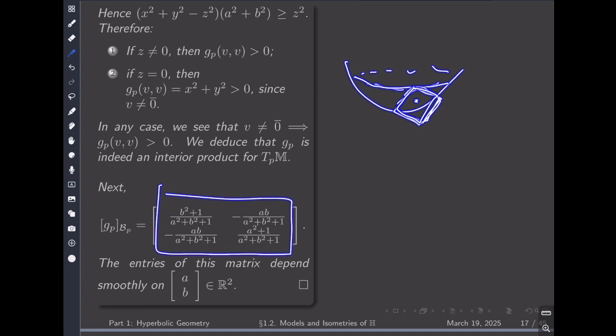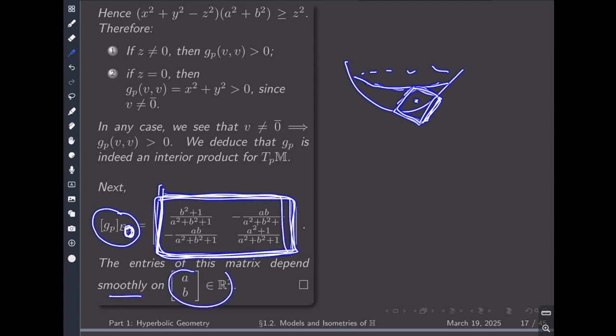So for each point on the hyperboloid, with respect to the standard basis of its tangent plane, the matrix of the interior product is precisely this one. And what's the point of this one? Well, it allows me to see that it varies smoothly on the parameters.